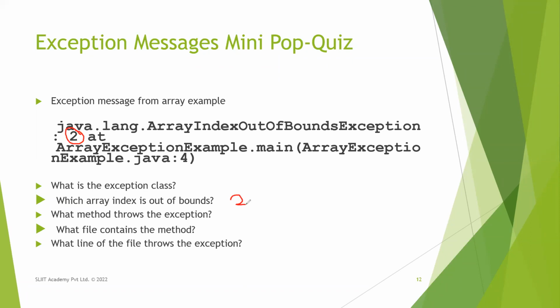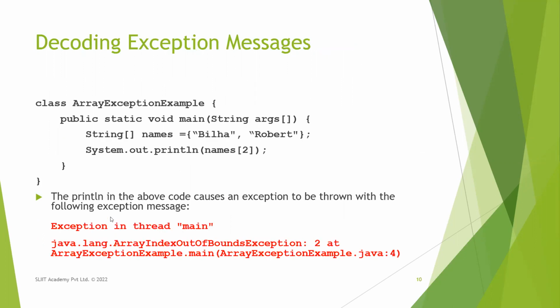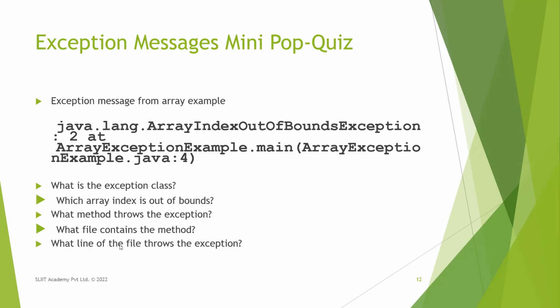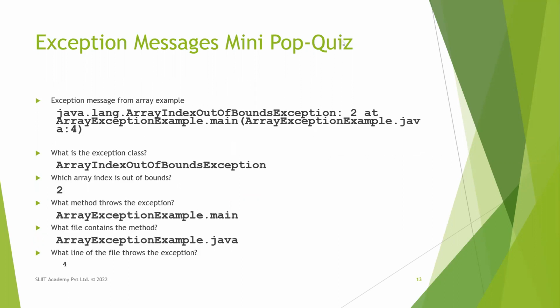Then what method throws the exception? You can read the method here. You can see the class, method, the file, and the line number. I think the answer I got here is correct. That is line number 4. So this is the full answer we have discussed so far.